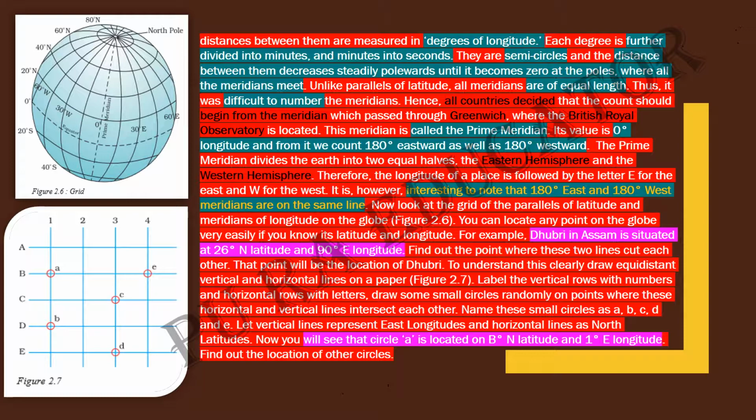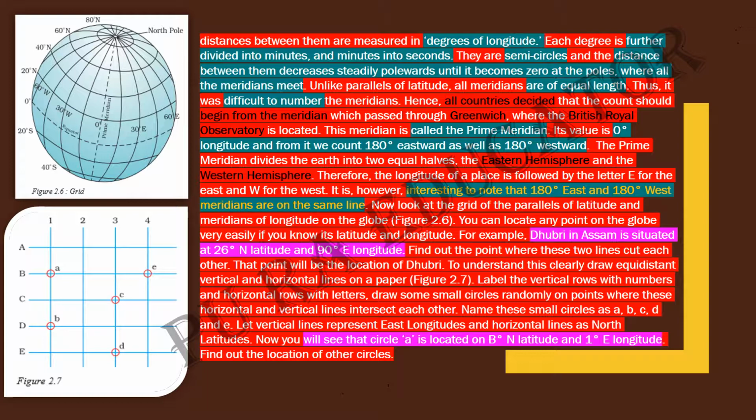The British Royal Observatory is placed in Greenwich, and the line which passes through Greenwich is known as the prime meridian. Its value is 0°. From the prime meridian, we move eastward and westward 180° each. The prime meridian divides the Earth into two equal halves, the Western Hemisphere and the Eastern Hemisphere.